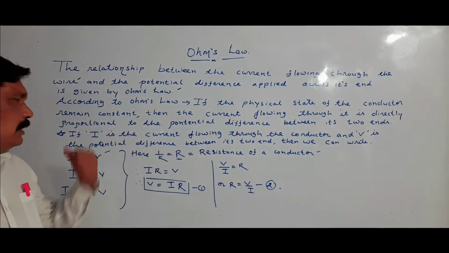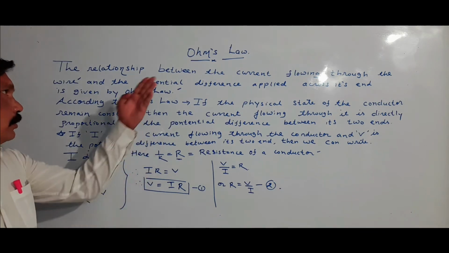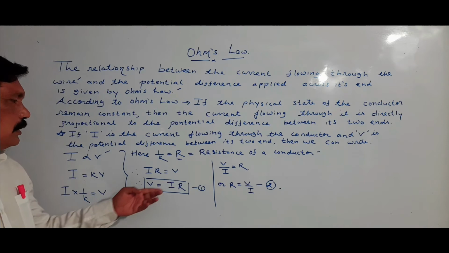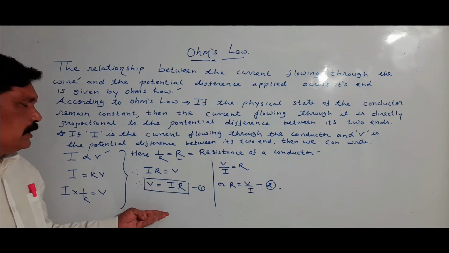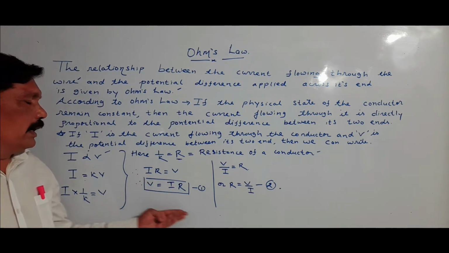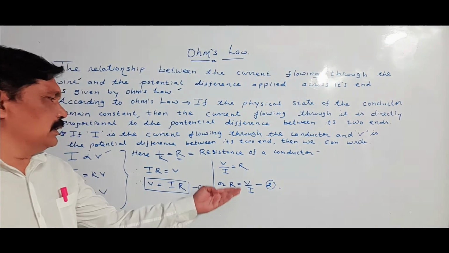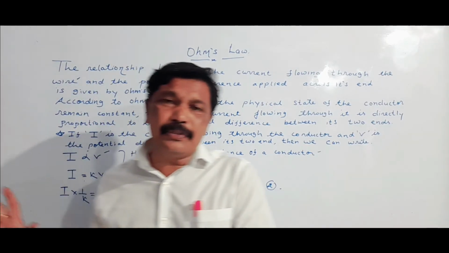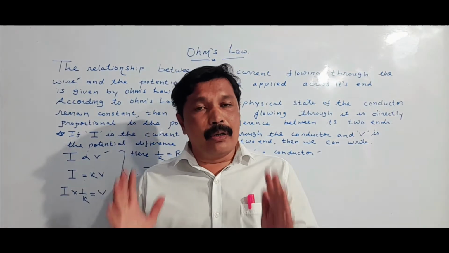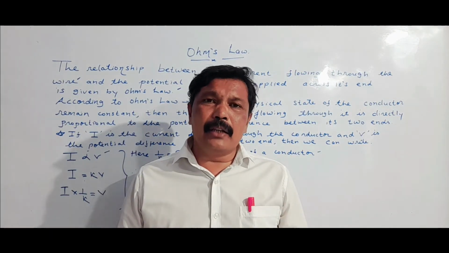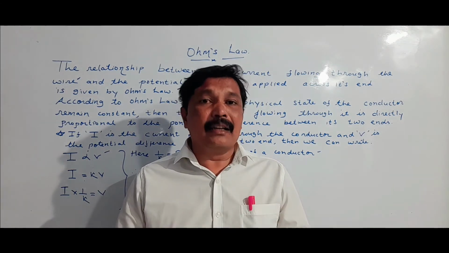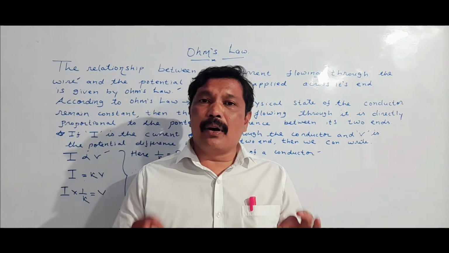So, by making some arrangement, we get the expression from Ohm's law, that is V is equal to IR. From this expression, we can also calculate resistance, and resistance is equal to V by I. So, in the process of studying Ohm's law, we also get the mathematical expression to find out the value of capital R, that is resistance of a conductor.